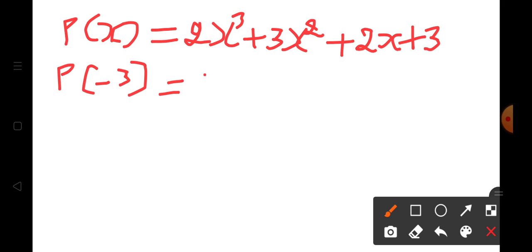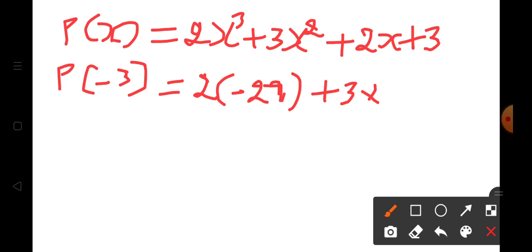Now listen, 2 into minus 3 whole cube. What is the answer? Minus 27. I directly substitute the value. Now listen, 3 into minus 3 whole square. What is the answer? Plus 9. Plus 2 into minus 3. So what is the answer?